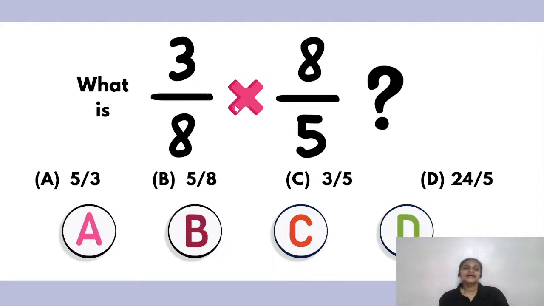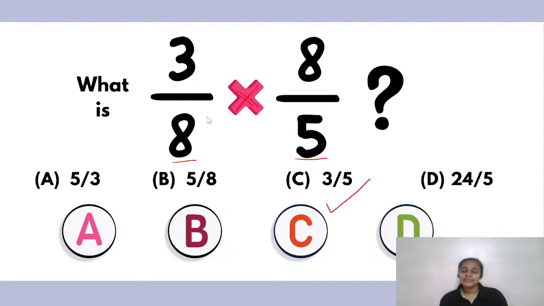We have 3 upon 8 multiplied by 8 upon 5. In this case, I have two different denominators, 8 and 5. But since it is multiplication, I can simply reduce the fractions and find the final answer. My answer over here is C, 3 upon 5. It's not D, children.